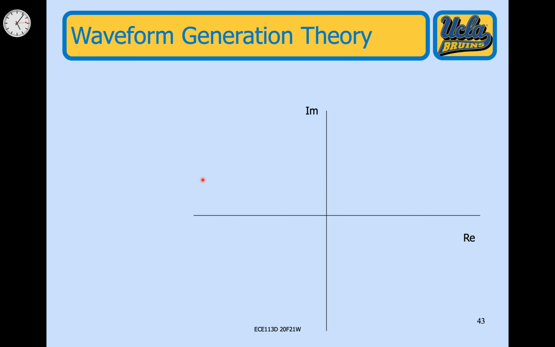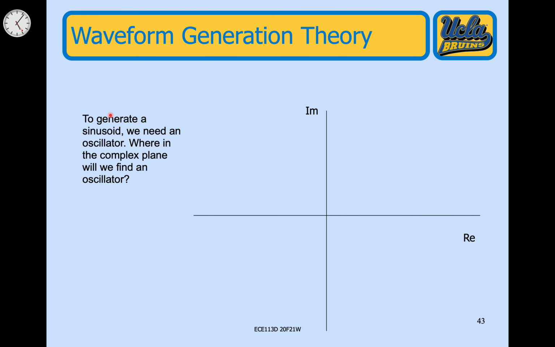So just to take you back a little bit, here is a complex plane, real on the x-axis, imaginary on the y-axis, and the question is, to generate a sinusoid, we need an oscillator. So where in the complex plane will we find an oscillator? If this were a live class, I'd stop here and let somebody try to answer this question.